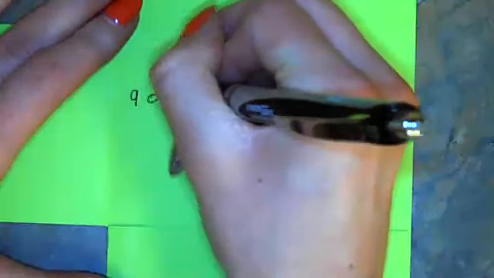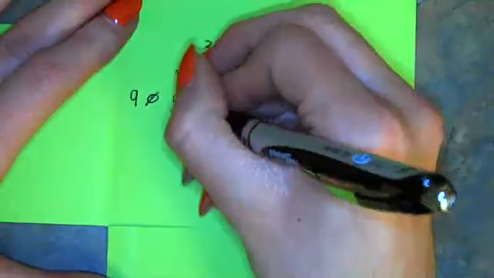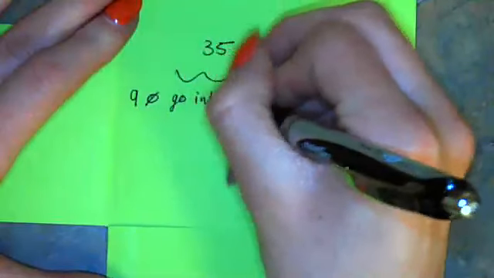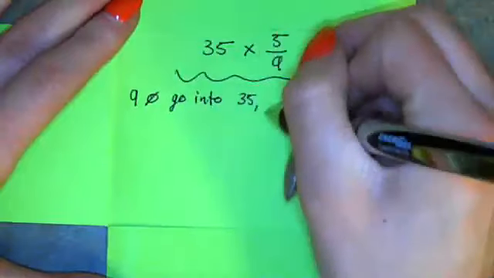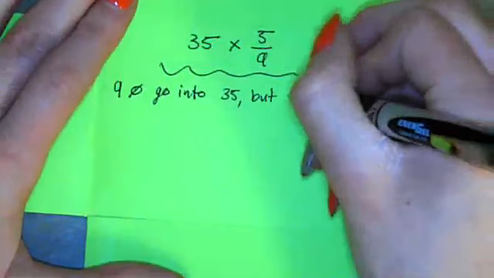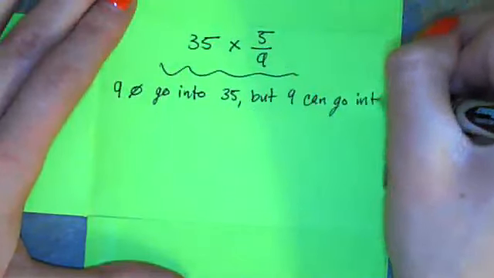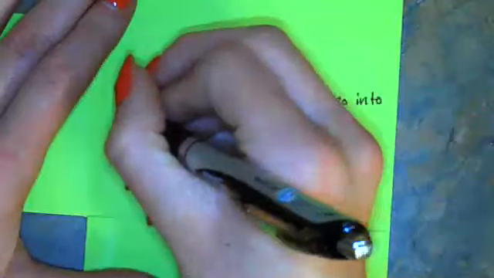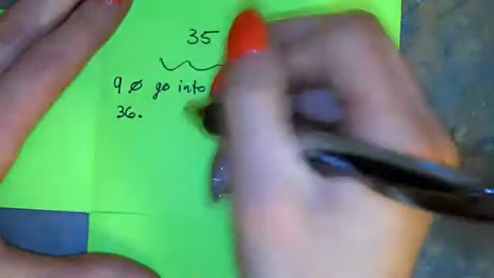So we write down underneath, 9 can't go into 35, but 9 can go into 36. Okay, so we need to change our 35 to a 36.